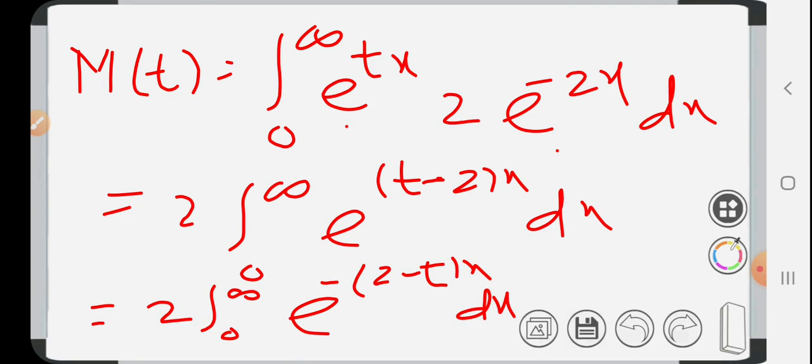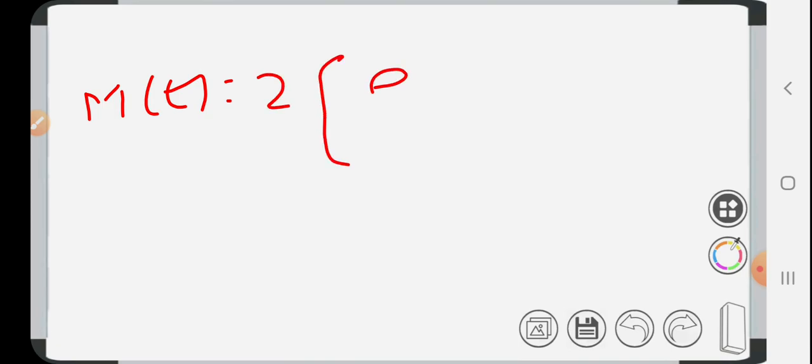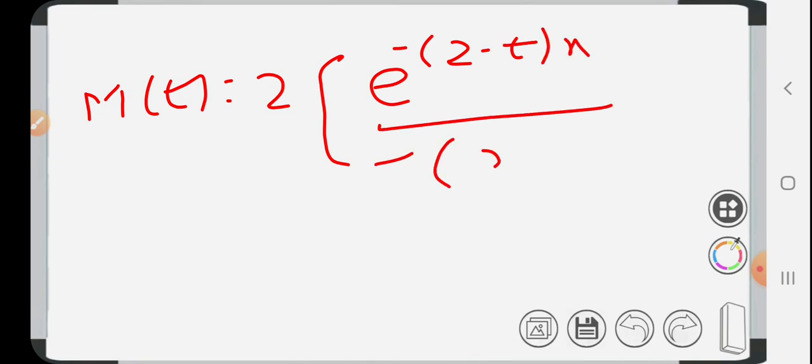And we know the integration of e raised to ax is e raised to ax upon a. So do that. m of t is equal to 2 into e raised to minus 2 minus t into x upon minus of 2 minus t, with limit 0 to infinity.